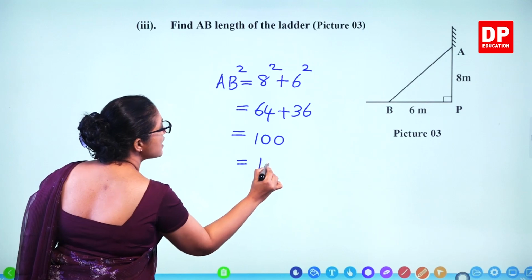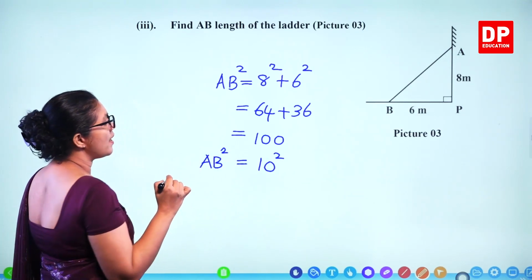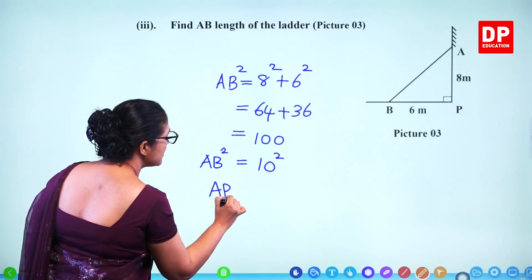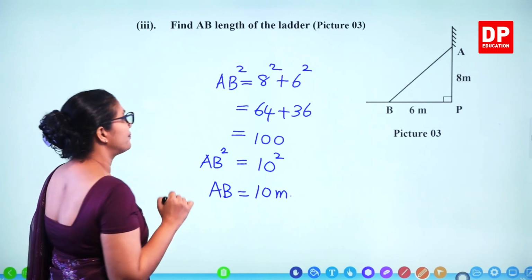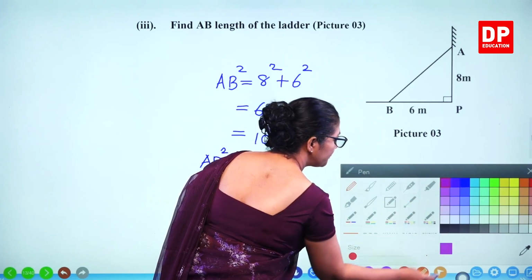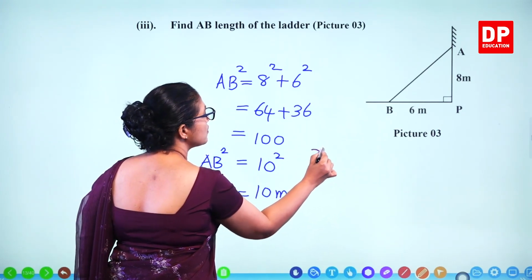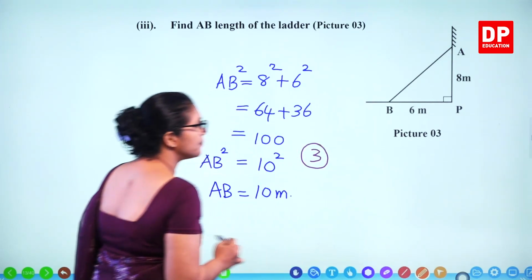That means 10 squared. AB squared is 10 squared. So what's the AB length? AB is 10 meters. How many marks for that question? You are getting 3 marks for that. So altogether we give 10 marks for that question.